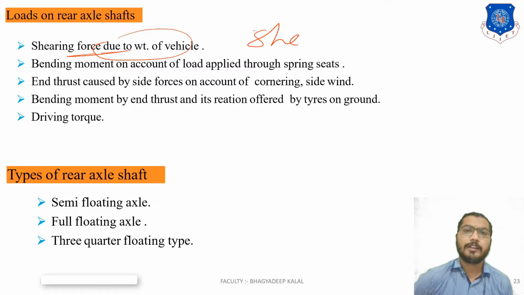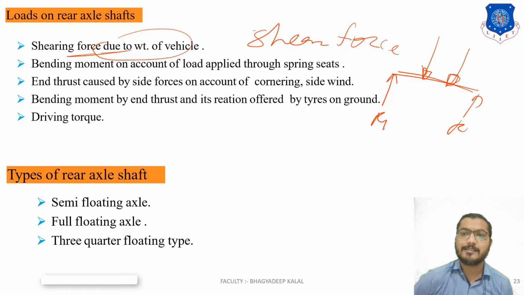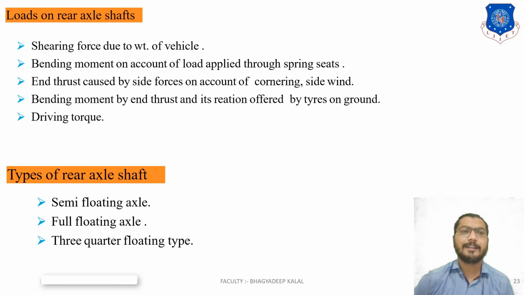We already understand how to calculate the shear force, because we assume that the axle is like a simply supported beam. These are the reactions on that beam, and two forces due to the spring come on the rear axle. That's why shear force is induced, and it is borne by the rear axle shaft.